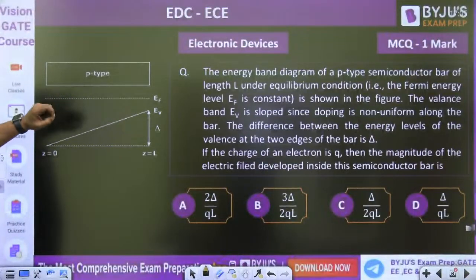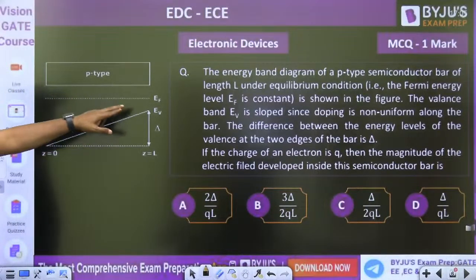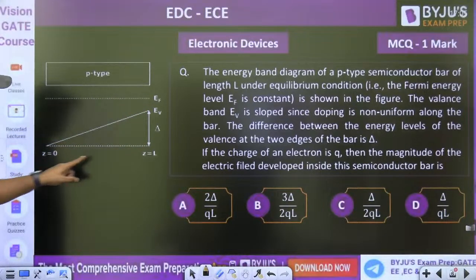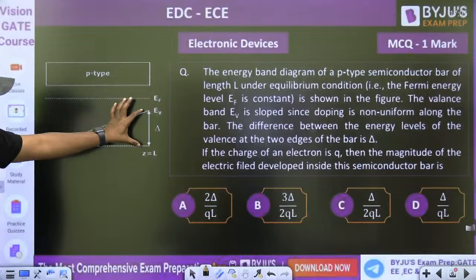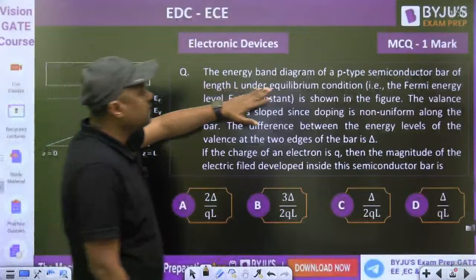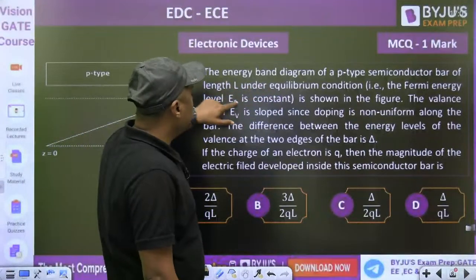So this is the question. P type. EV, and EF is called the Fermi level. This is 0 and that is the length up to L. There is an energy gap. Now, the energy band diagram of a P type semiconductor bar of length L under equilibrium condition. The Fermi energy level EF is constant.